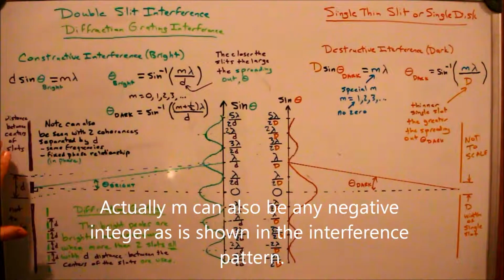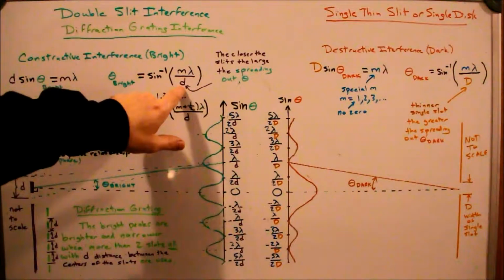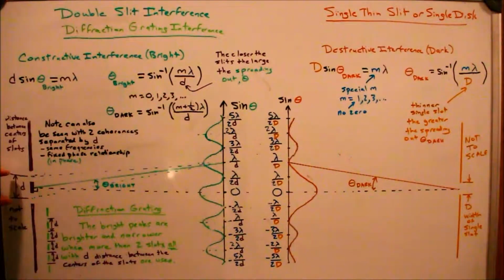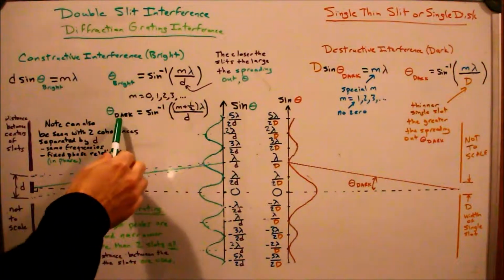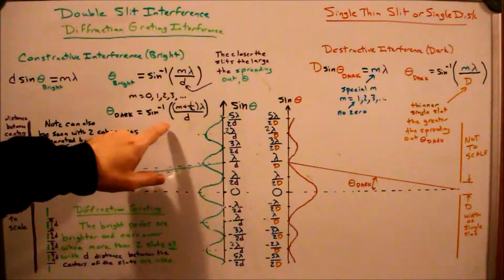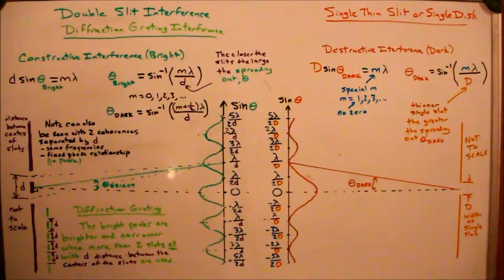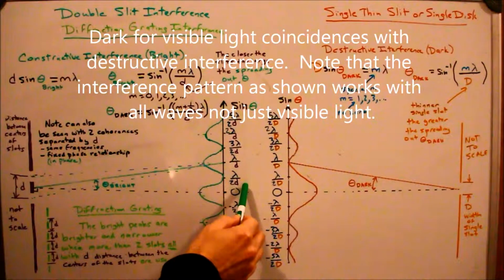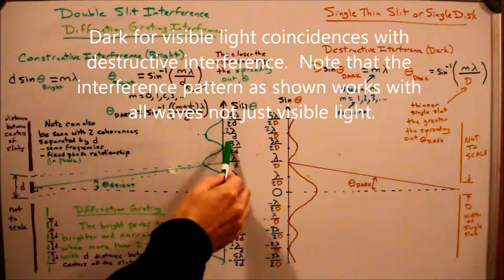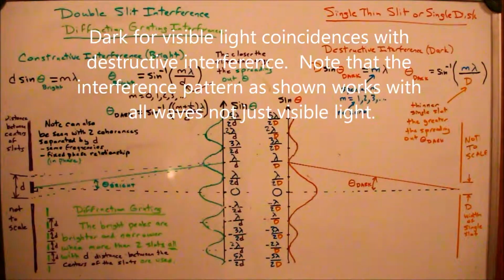So you can see this is not to scale, because if you want these spread out, you make d small. And for dark, it's the values in between the integers, so the half wavelengths, or 3 wavelengths over 2, are the values of the dark.